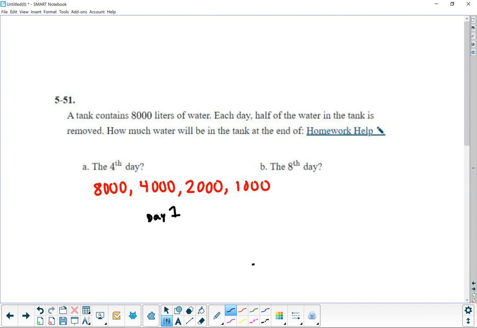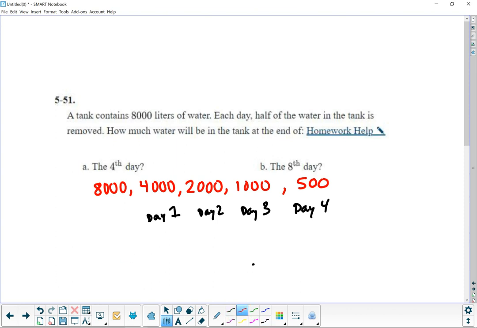So 8,000 is what we start with. Day 1 is 4,000. Day 2, half of that, 2,000. Day 3, half of that is 1,000. So we need one more day. So half of that is 500. So day 4, 500. We need to go to 8 days.